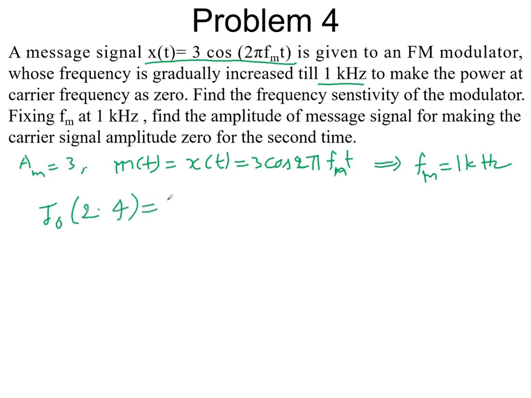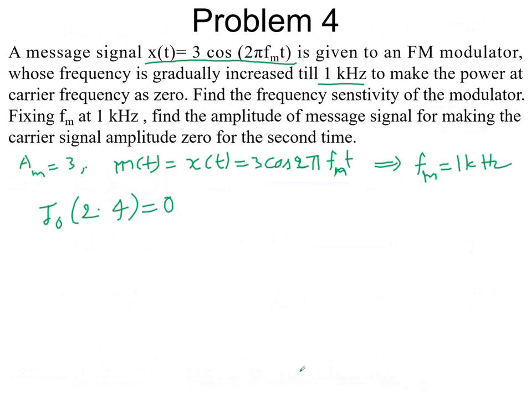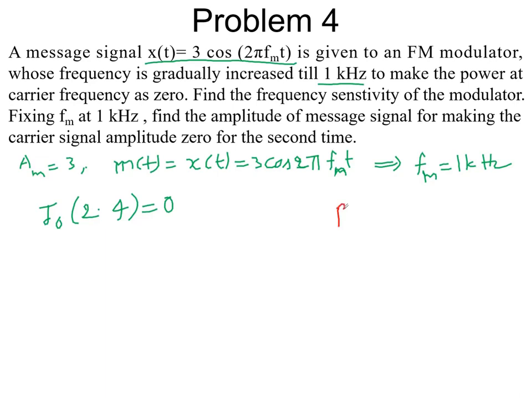First value. You're trying to make your beta as 2.4. Why? Because your first eigenvalue is 2.4. The eigenvalue concepts. And the same thing I am mentioning here, the different values of beta for which J0(beta) is 0 are 2.4, maybe 5.5, then the other values 8.8, 11.9, something like this.